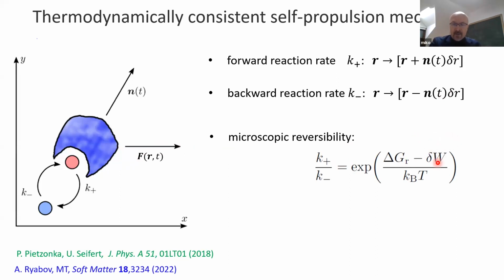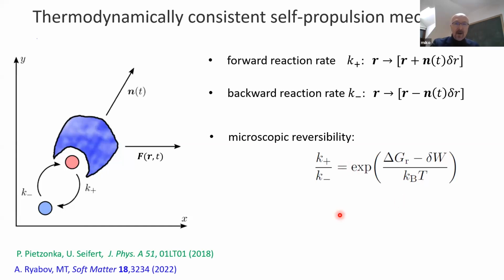Now, the key point here: you have work, which is a mechanical concept, and on the left-hand side, you have a reaction rate, which is a chemical concept. So we have a coupling between work, or mechanical forces, and chemistry. So this microscopic reversibility realizes this mechanochemical coupling.